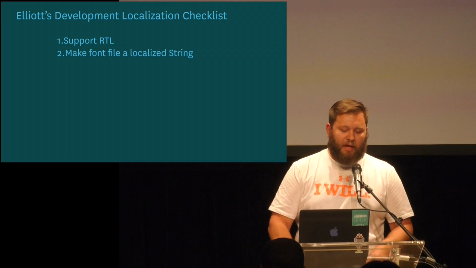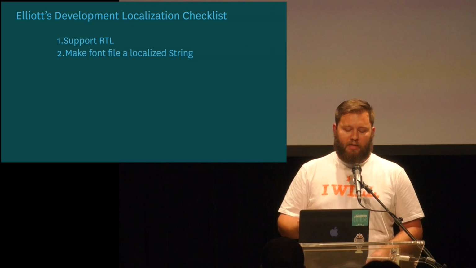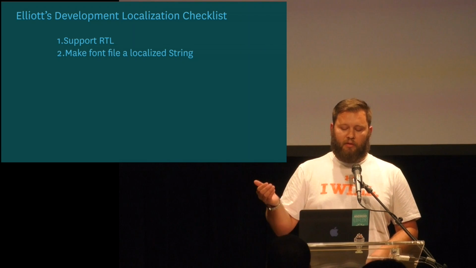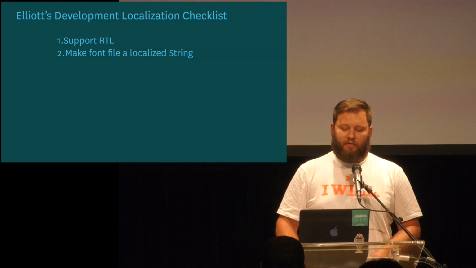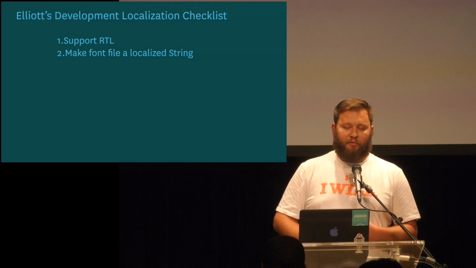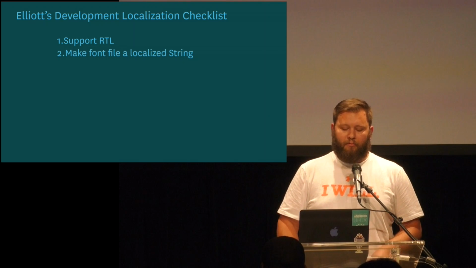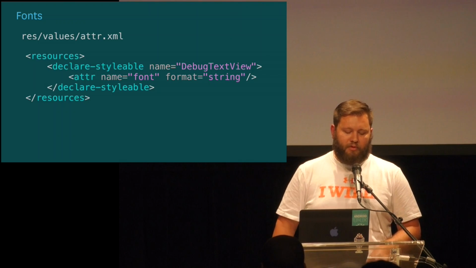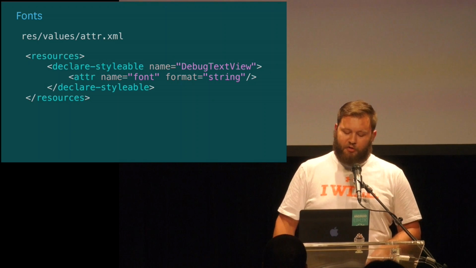The next one is supporting a localized font, but it's actually trying to make a robust way of using the actual resources to help us not have to do programmatic changes of the fonts that we're using for different localizations. First you do that by creating an attribute resource, and you can name this one, like I said, in my creative fashion, debug TextView.